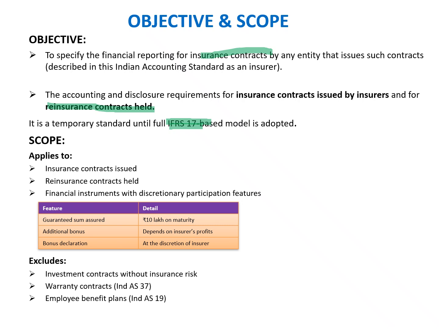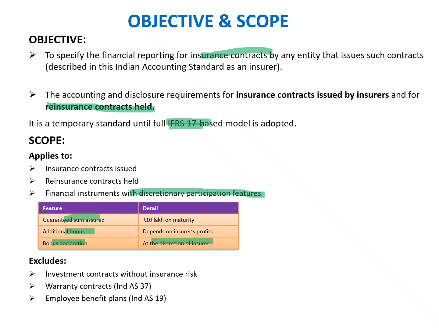So we look at the scope then. Scope is it applies to the insurance contract issued, reinsurance contracts held, and financial instrument with discretionary participation feature. So what does this mean? Which means that any kind of insurance contract which has a participation clause attached to it, like a particular kind of bonus that would be payable upon the maturity of the policy, guaranteed sum assured, and then additional bonus, where bonus declaration would be at the discretion of the insurer.